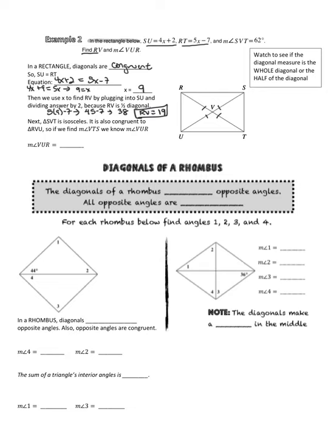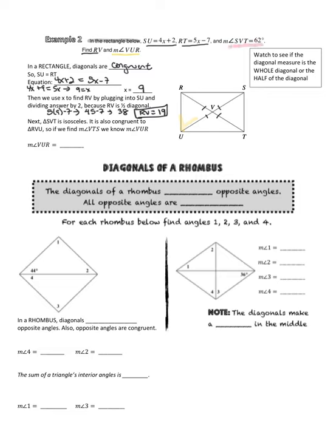Now we're going to find the next piece. Different color. We're supposed to find the measure of angle VUR. So I'm going to highlight it. VUR is this angle. Now let's put in what we already know. We know that angle SVT is 62 degrees.